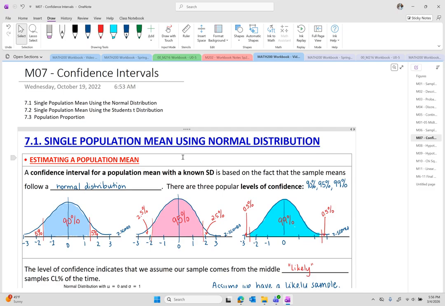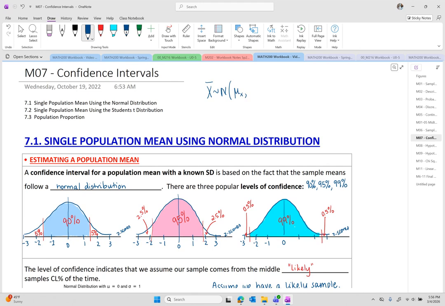I want to remind you that the sample mean is a variable that for large samples is approximately normally distributed with a mean equal to the mean of your variable and a standard deviation equal to the standard deviation of the variable divided by the square root of n, with n being the size of the sample that you are collecting.